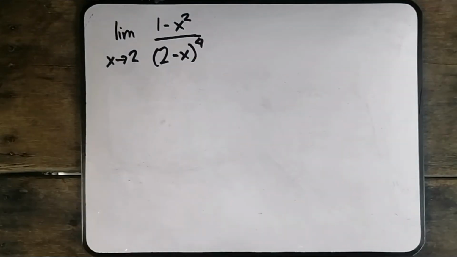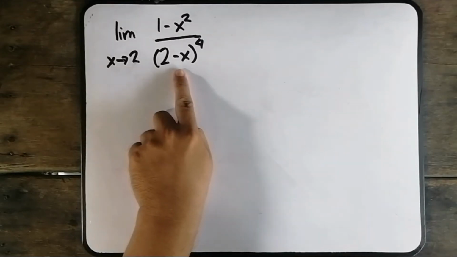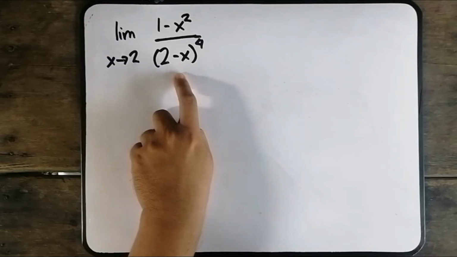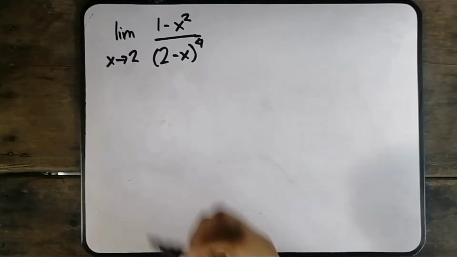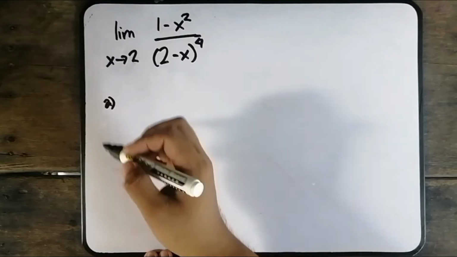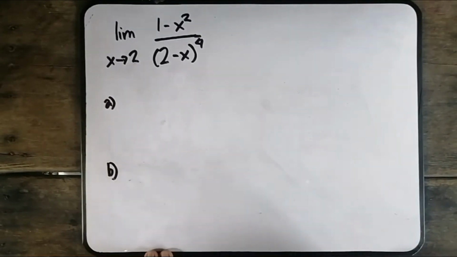Now, let's evaluate the limit of 1 minus x squared over the quantity 2 minus x raised to 4 as x approaches 2. So here, since magzi-zero yung baba natin at yung taas is constant, we actually get the one-sided limits.